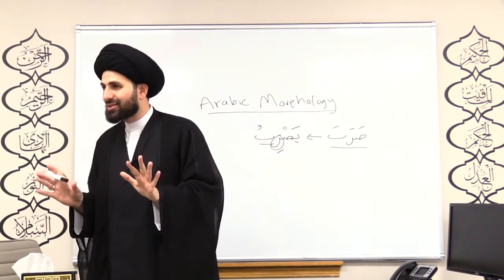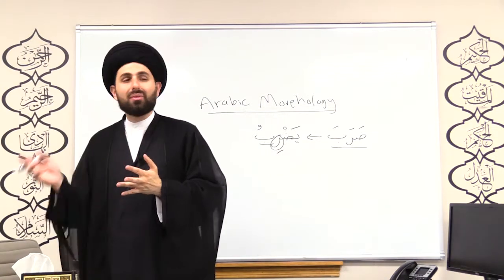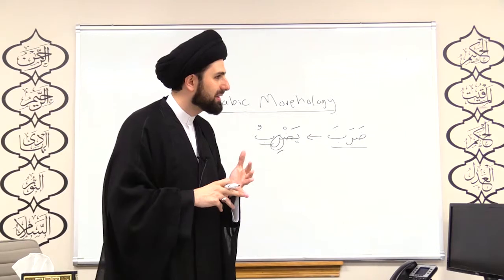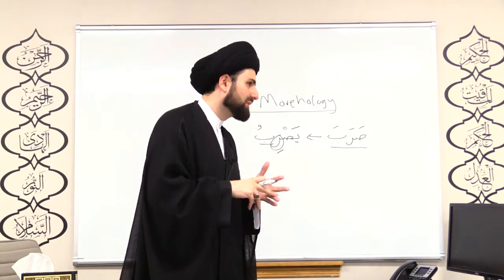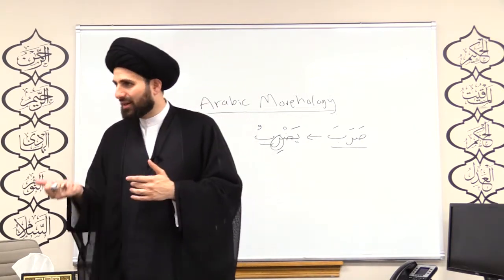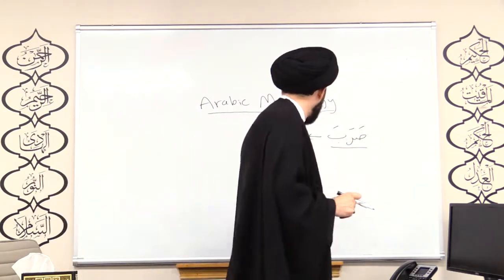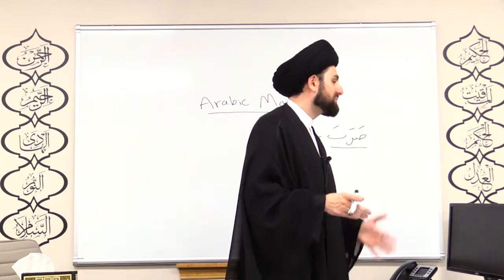So the three letters, the ya, then the dad, then the ba, we know. The ya has a fatha, the dad has a sukoon, and the last letter of al-fi'l al-mudari' always has a dhamma. We know that, that's fixed. The only tricky one is that third letter. Sometimes it could be a kasra, it could be a fatha, and very rarely a dhamma.